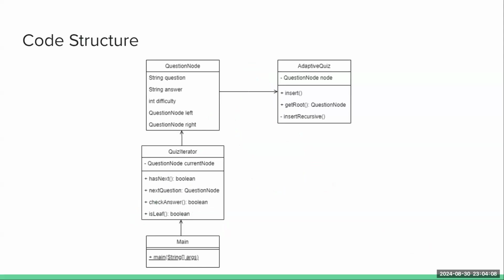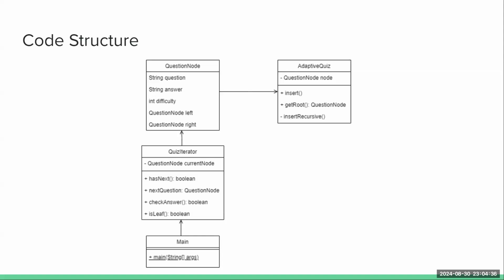Now, here is the code structure for this implementation. I've got a question node class, which has the following variables: a string that's just a question, an answer to the question, a difficulty level, a left node, and a right node. The quiz iterator class would facilitate navigating through the binary search tree.